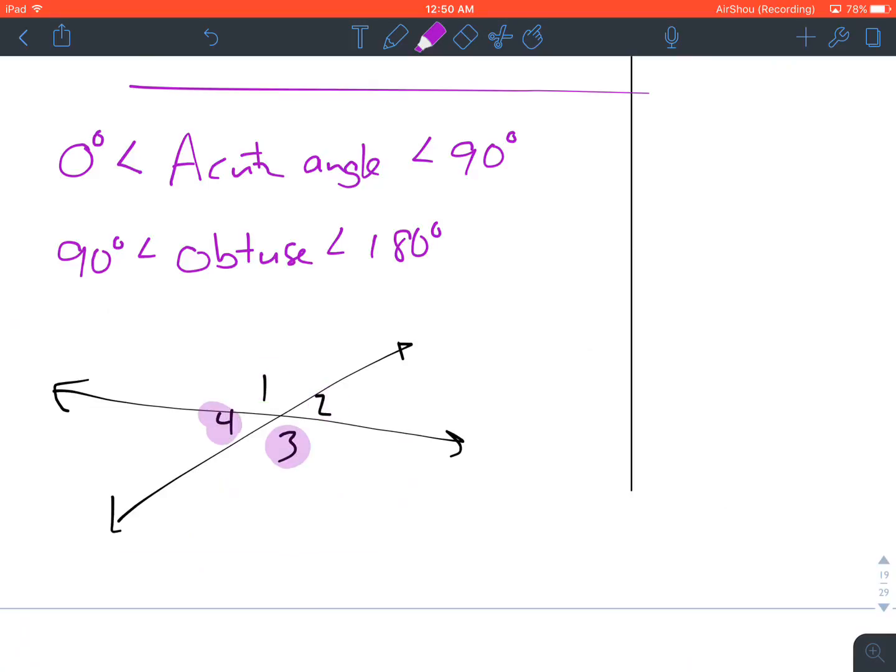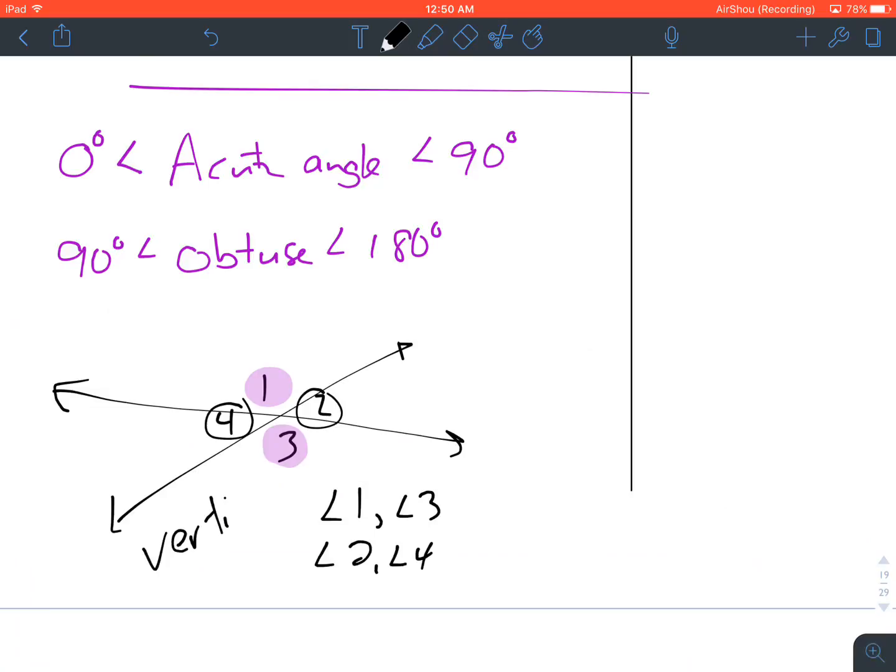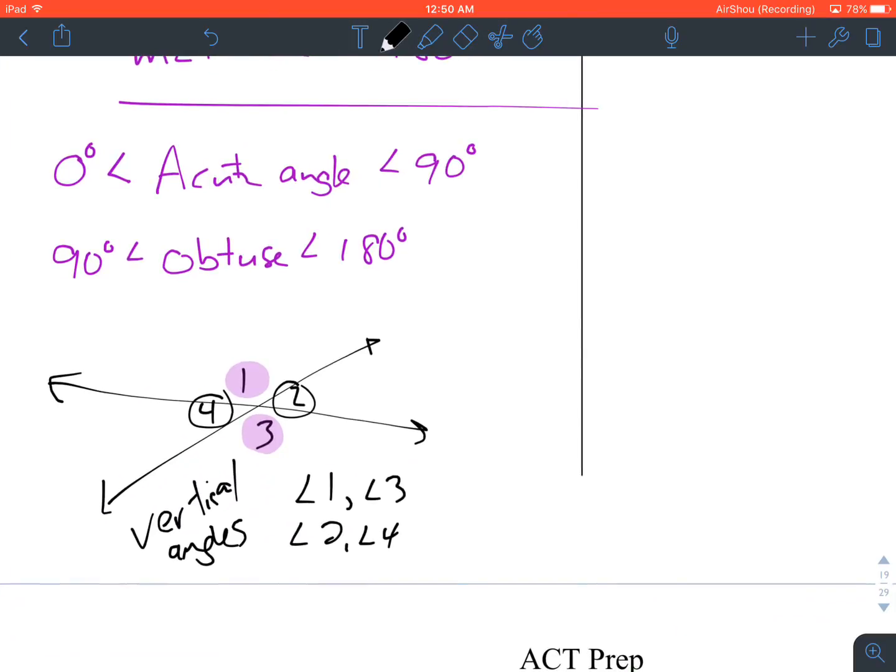Angles 3 and 4 are a linear pair. Angles 1 and 4 are a linear pair. Two angles who are not adjacent to each other, like 1 and 3, they're called vertical angles. Also, angles 4 and 2 are vertical angles. Why do we care? Vertical angles are always congruent.